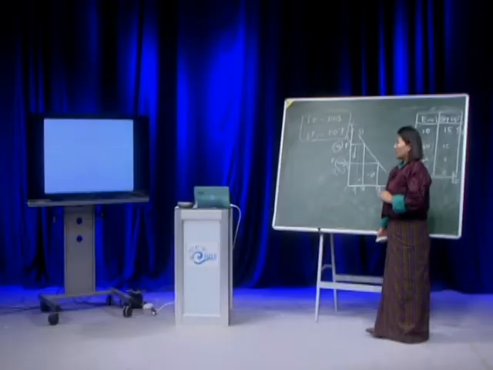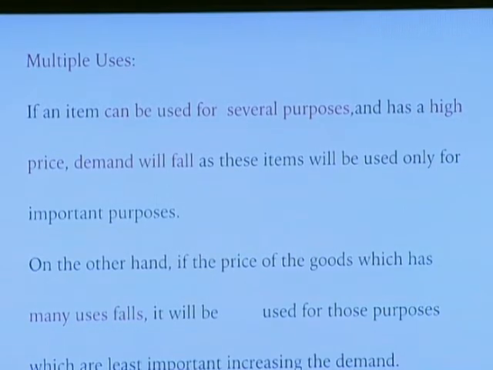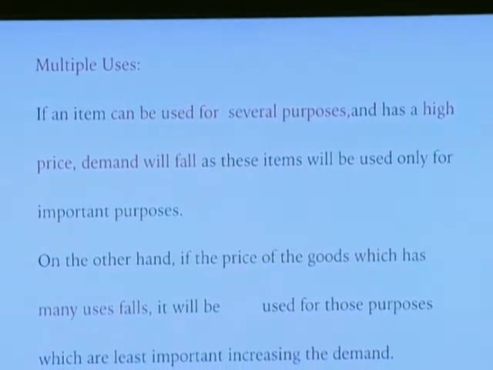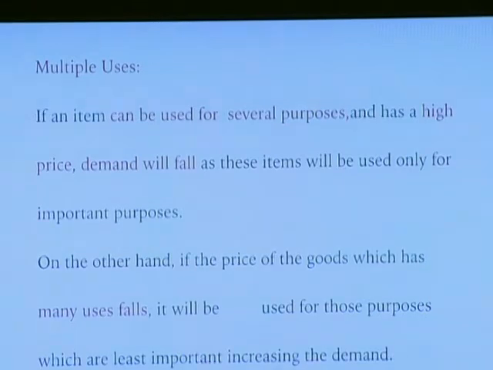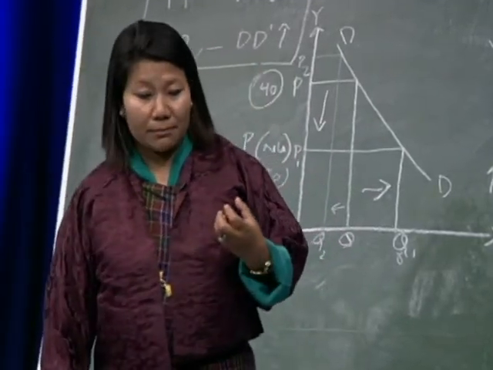All right, let's move on with the next one, multiple uses or numerous uses of a particular commodity. If an item can be used for several purposes and has a high price, demand will fall as these items will be used only for important purposes. So let's talk about an item which has multiple uses.